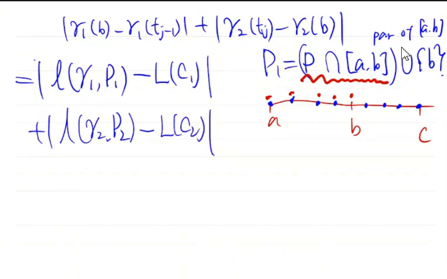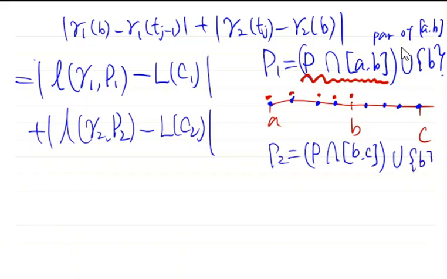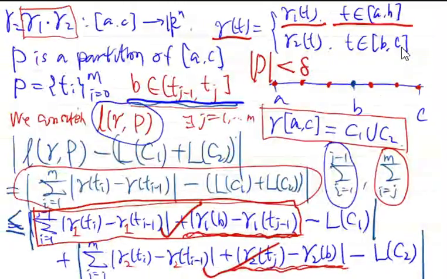So what's P2? P2 is P intersected with [b, c], and then we also need to add the point b. In this picture, we take the points of the partition P contained in the interval [b, c], but this might not be a partition of [b, c]; adding the point b, we obtain the partition of [b, c]. This is our P2. These two absolute values are precisely the two terms in the last two lines on this page.